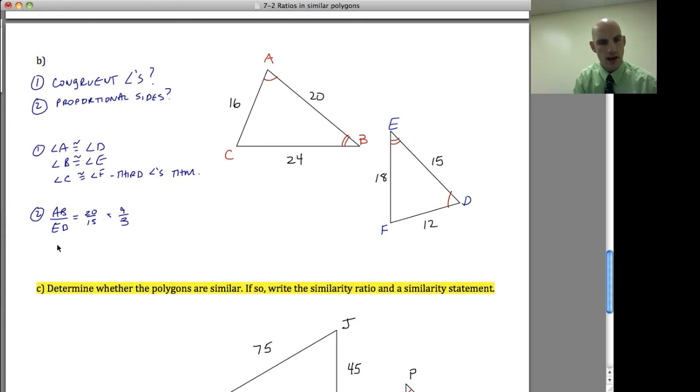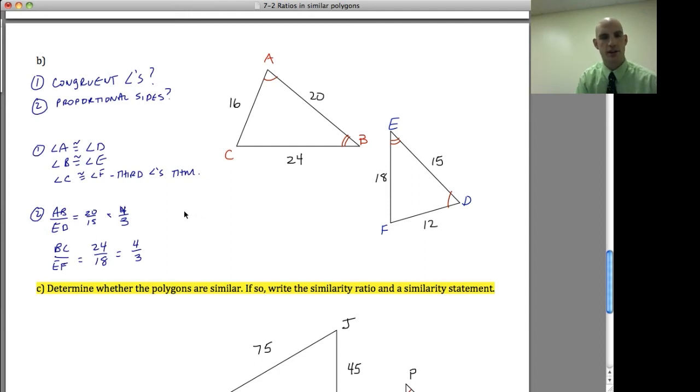Okay? And then we're going to test another one, so we'll go BC over EF, which is going to be equal to 24 over 18, which is going to give us 4 over 3. So far, these two sets of sides are proportional.